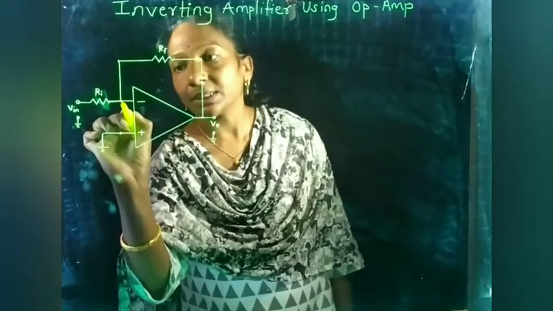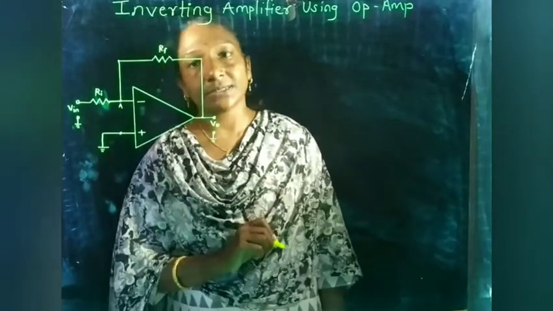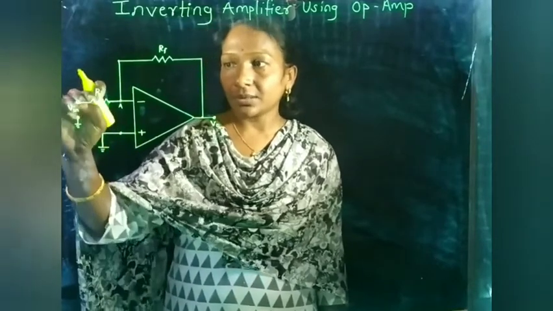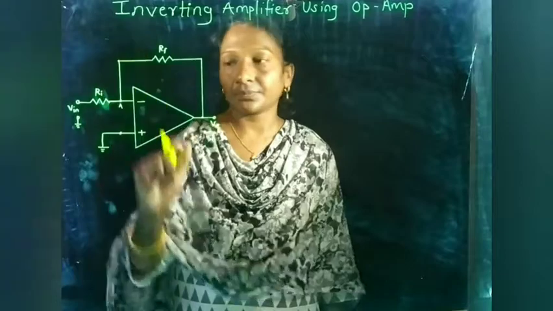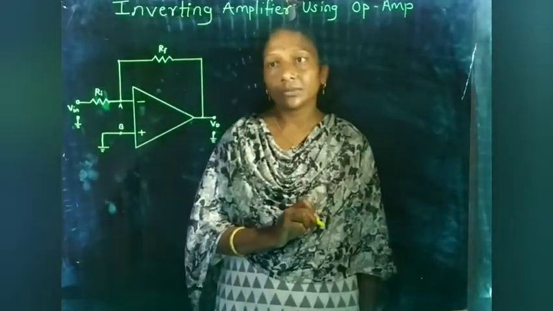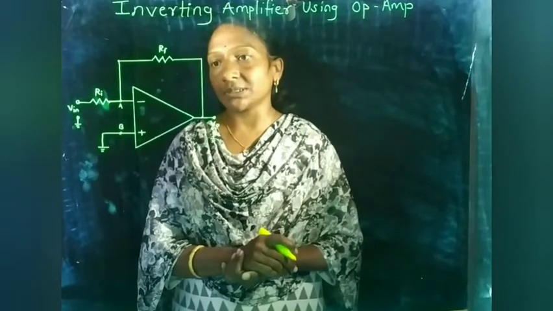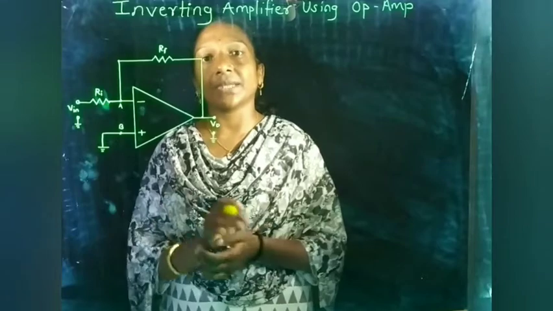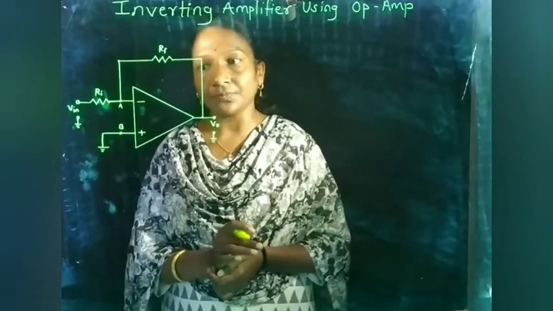See here, this point is called as A, or this node is A, where input current is divided, and this node is B. From the virtual ground concept, the differential voltage of the operational amplifier is always 0.